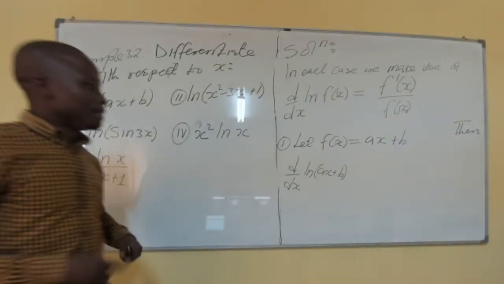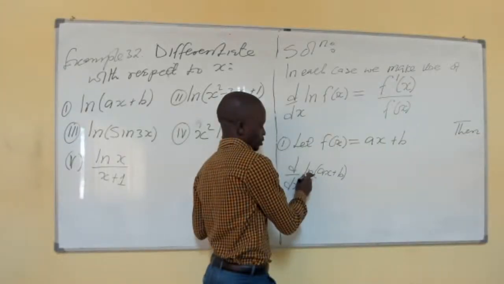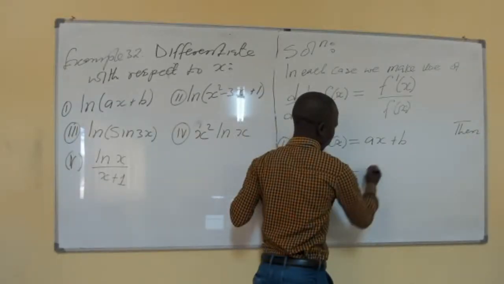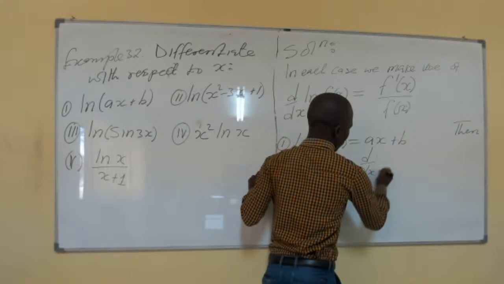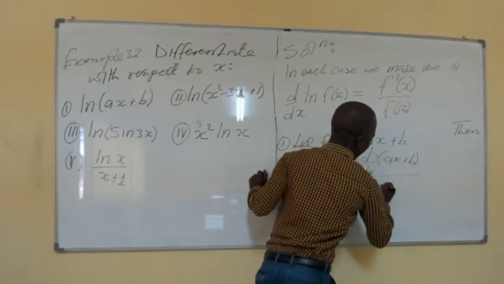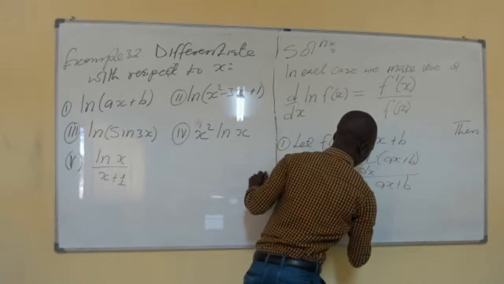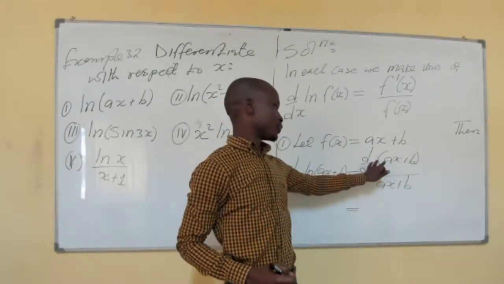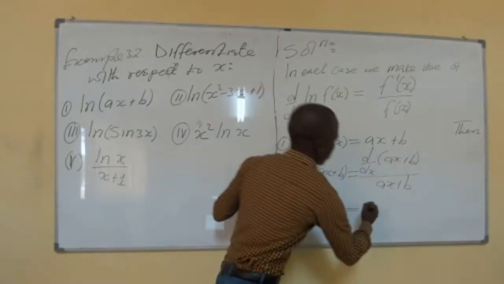So the derivative of ln of ax plus b is just equal to the derivative with respect to x of ax plus b, divided by ax plus b. Using the sum rule in the numerator, the derivative of ax with respect to x gives us a.